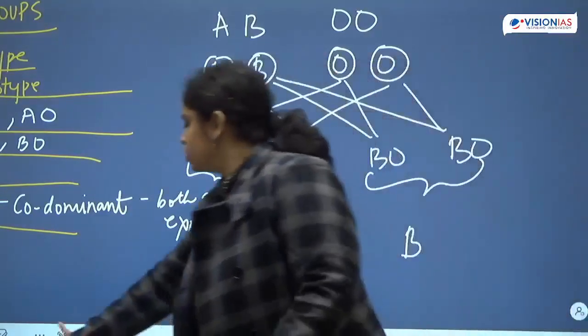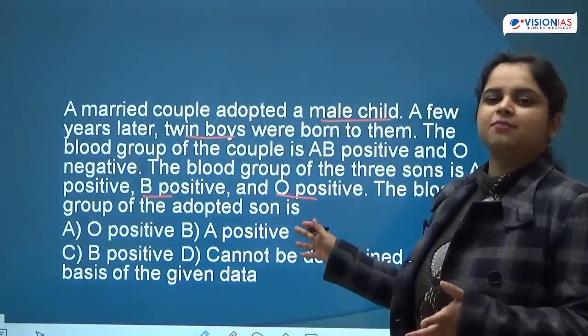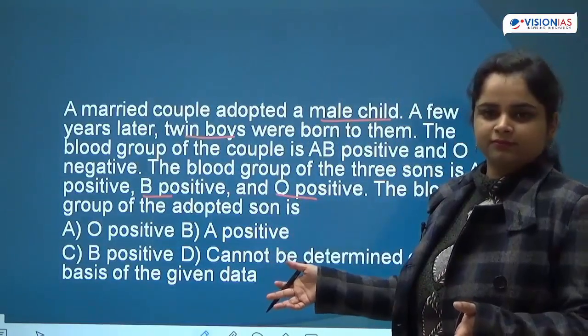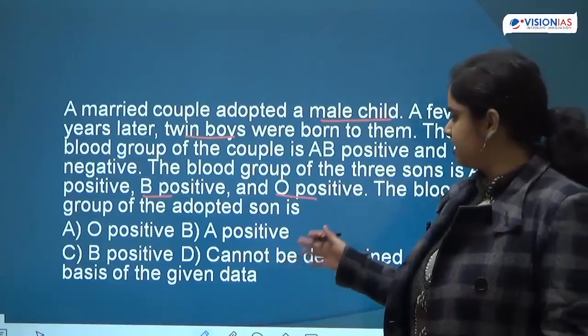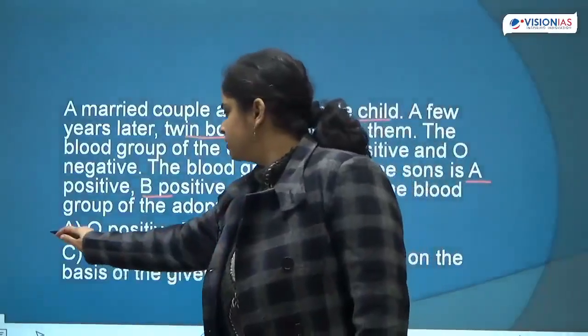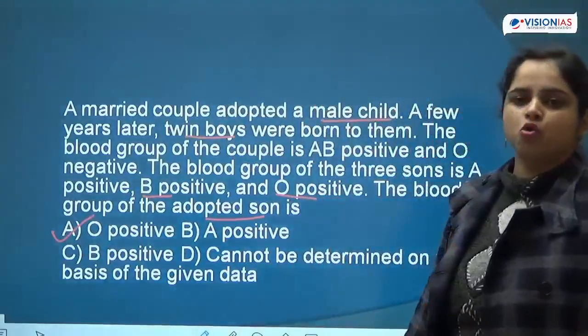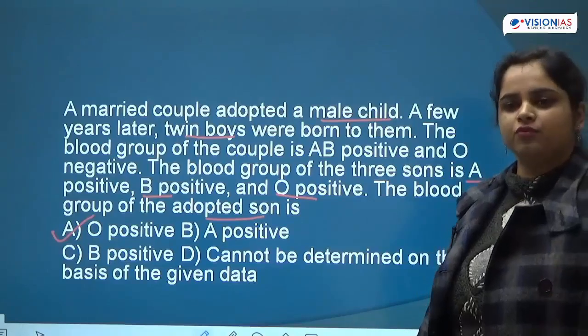That means the child with blood group O must have been adopted. So they have asked you what is the blood group of the adopted son. It is O positive.